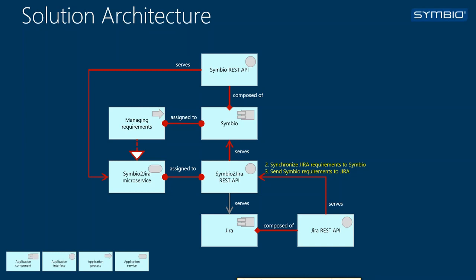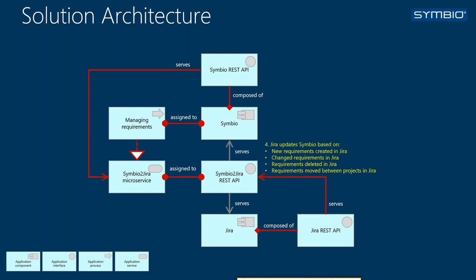And instead of going to Symbio and first creating it there, they can actually create it in Jira. And by creating it in Jira, it will be automatically synced back under the domain in Symbio, where it could then be associated to the relevant processes and activities in processes. So that's what happens over there.